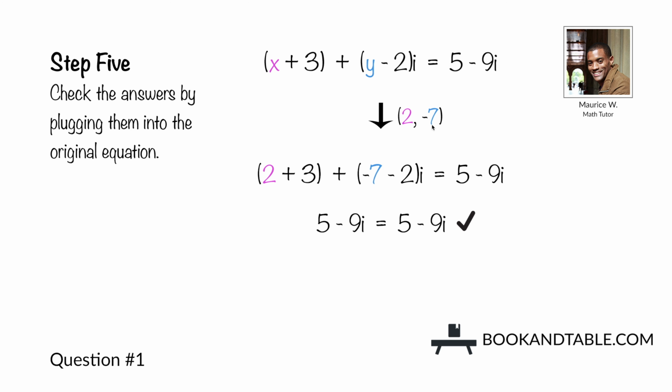And y, we plug in negative 7 for y here, giving us negative 7 minus 2, which would be negative 9i. So the imaginary number on the left side equals the imaginary number on the right side, which confirms that y does equal negative 7. So since the left side equals the right side, that confirms that x equals 2 and y equals negative 7.